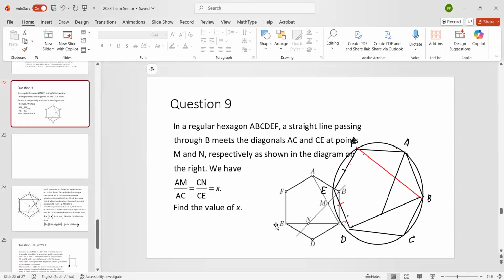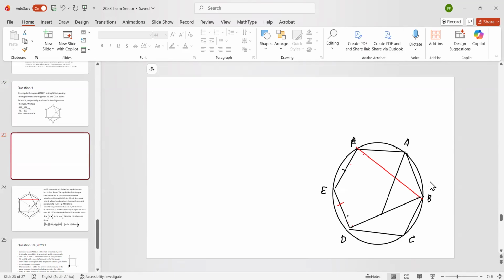A, B, C, D, E, F. All right, so you've got C, E, and B, M, N. Good. A, B. I want to name this in the same way as I named it in the question.